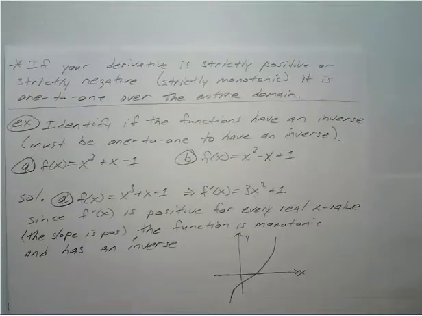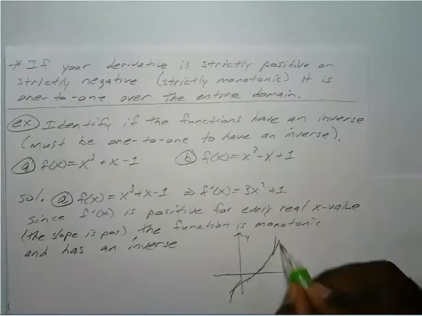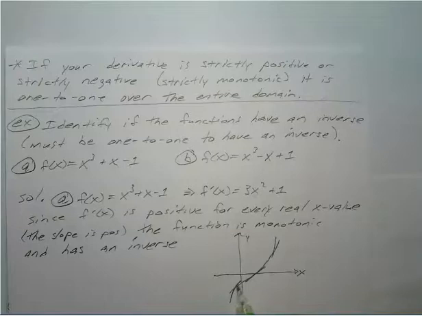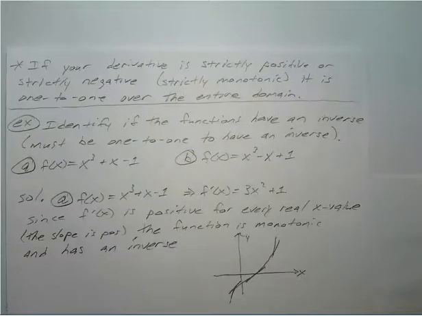It will look something like that, which means that the slope, no matter what point, would always be increasing. Okay, so those are all of your tangent lines on that graph. No matter what point you pick, the slope would be increasing. It may increase just a little, or it may increase a lot, but it's always increasing. Okay, so that's how you know this has an inverse that actually does exist.